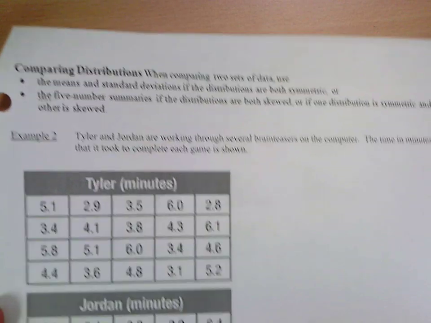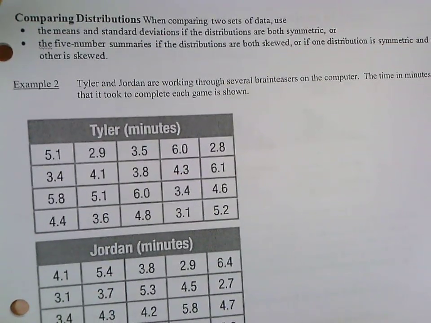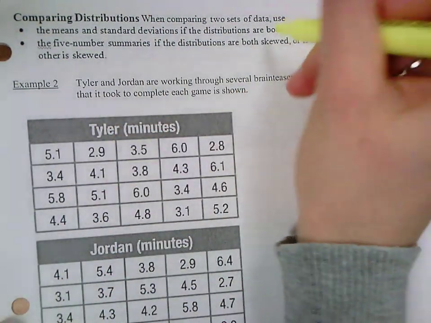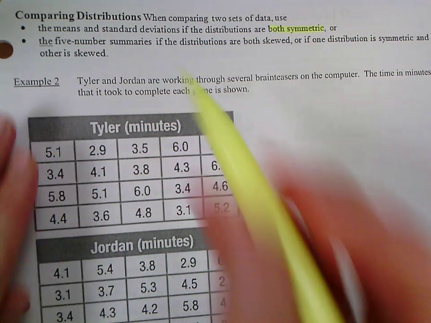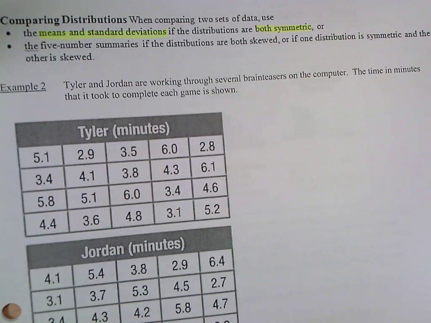In example 2, though, we are comparing distributions. So when you have to compare them, it is slightly different. If you're comparing 2 sets of data, only if both distributions can be described as symmetric, then you find the means of both and the standard deviations of both, and you compare those. So you compare their means, you compare their standard deviations.